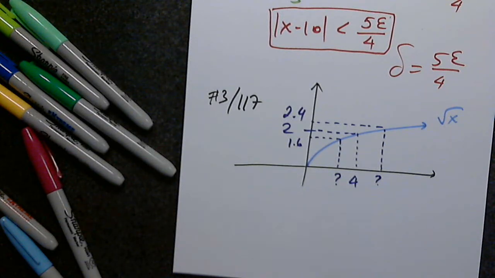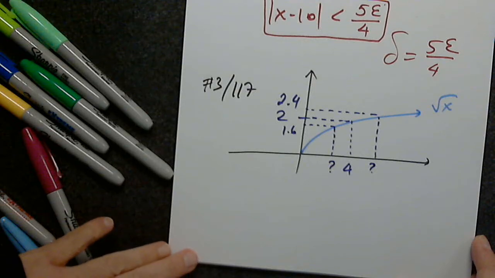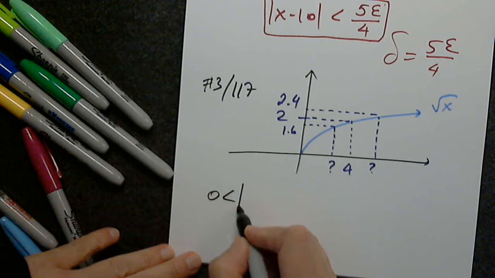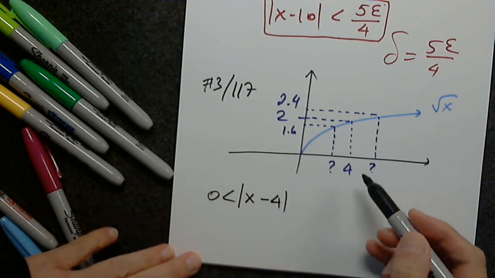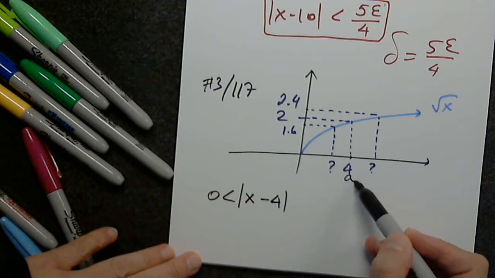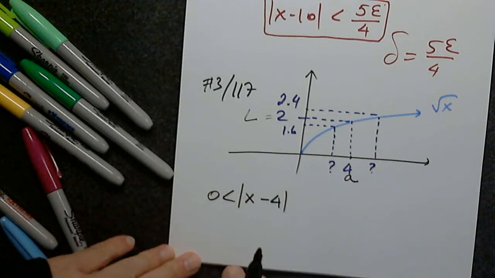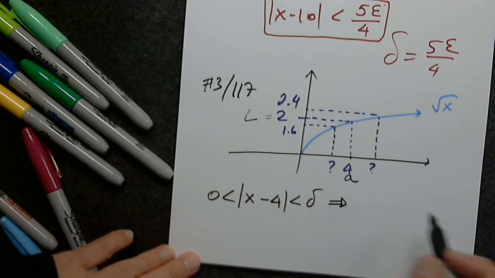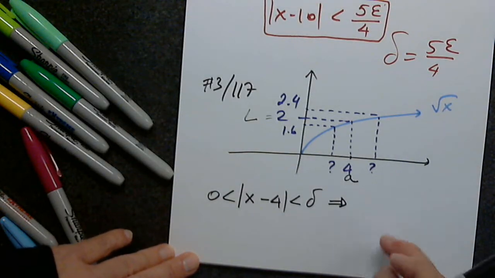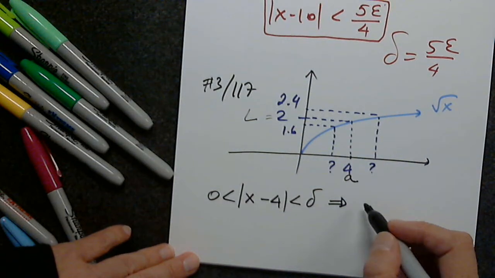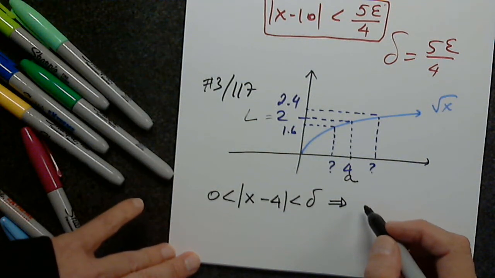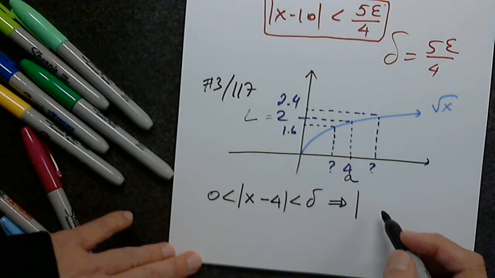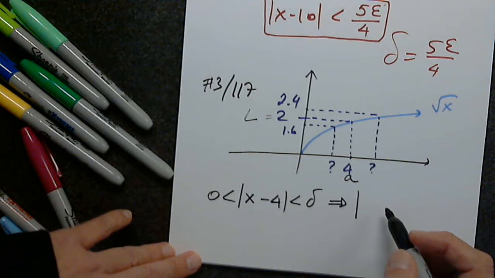Okay, so we know that every time we pick x close to 4, this is our A, and this is our L. The absolute value of x minus 4 less than delta will always imply, can anyone give us the second half? The absolute value of, what is the function here?